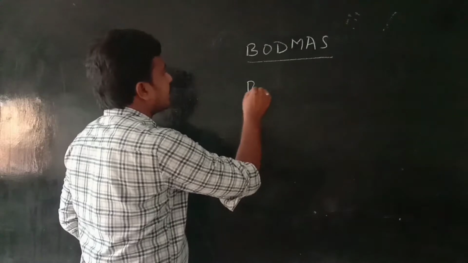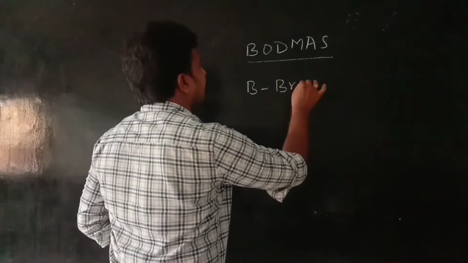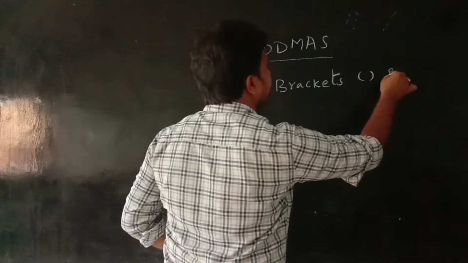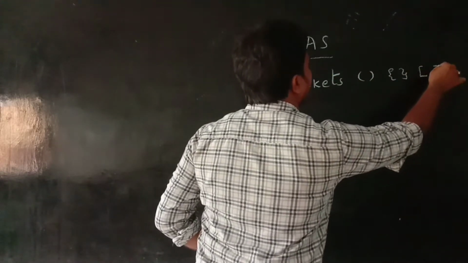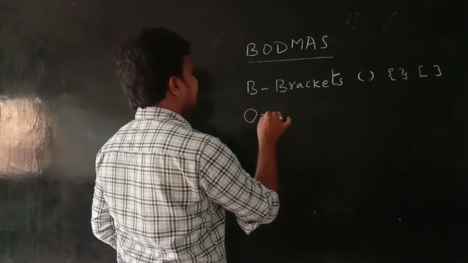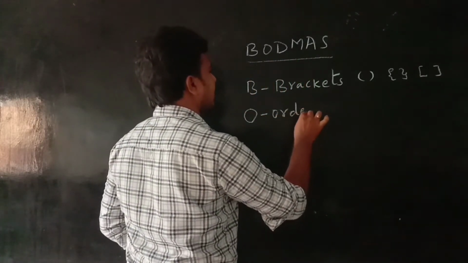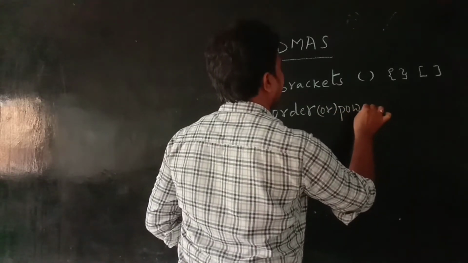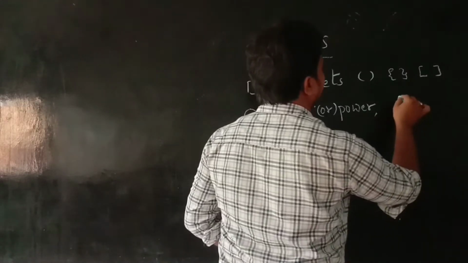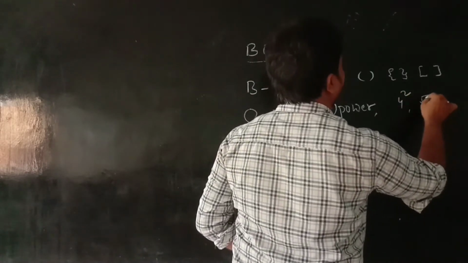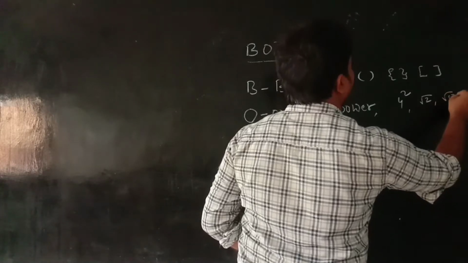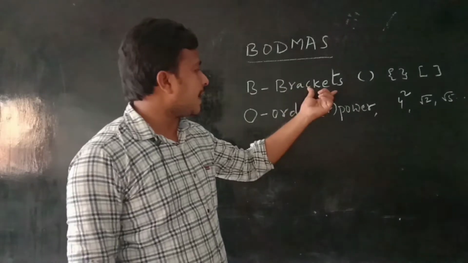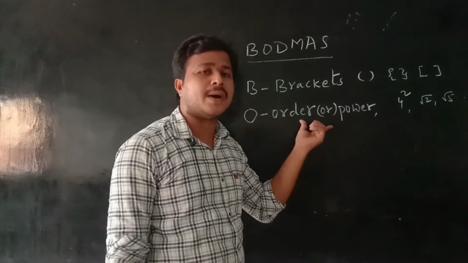So B stands for brackets. O stands for order or power, like 4 square, root 2, root 5 and so on.